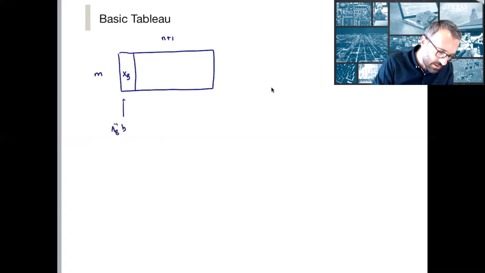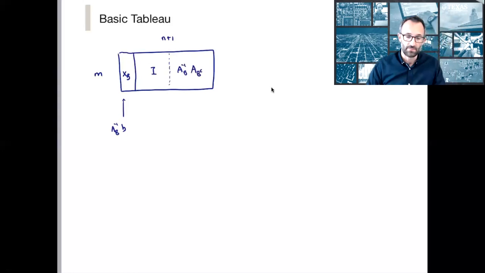And then in here sits AB inverse times A, which, as we said, has two parts: the identity and AB inverse AB complement.